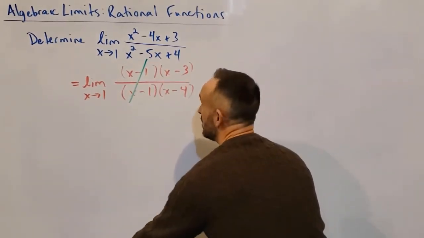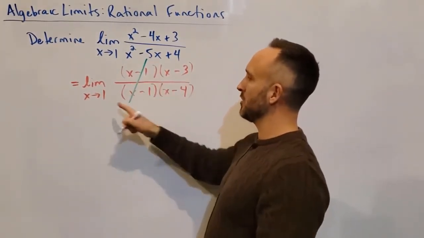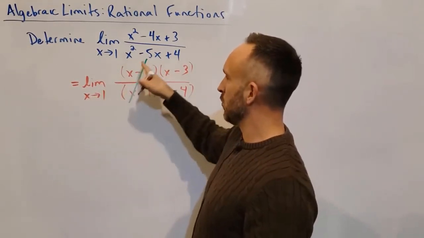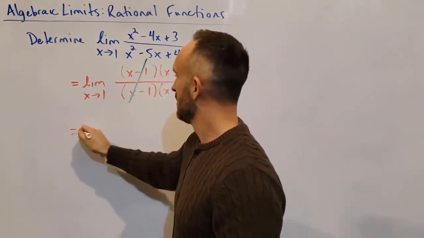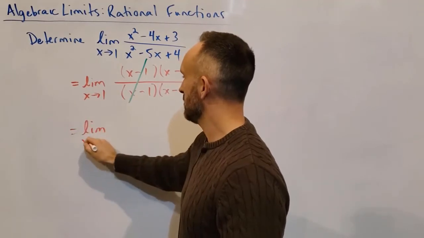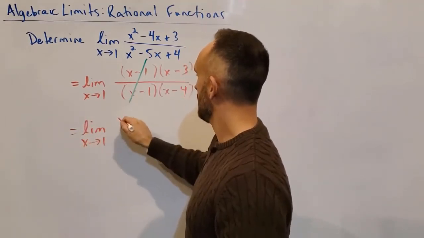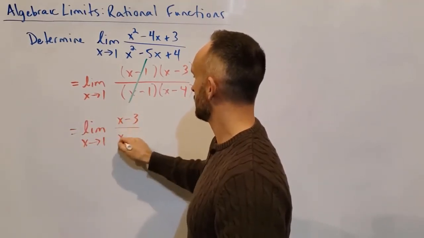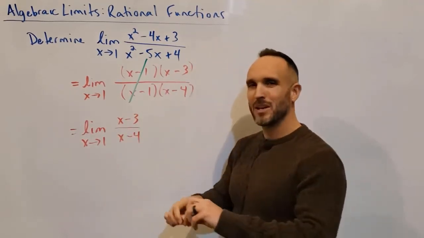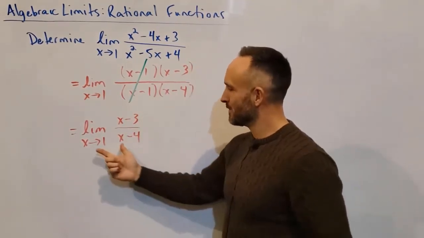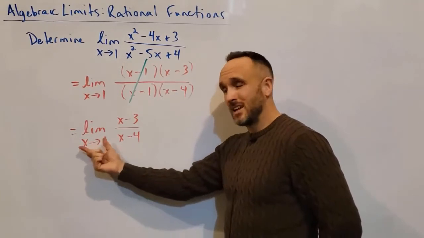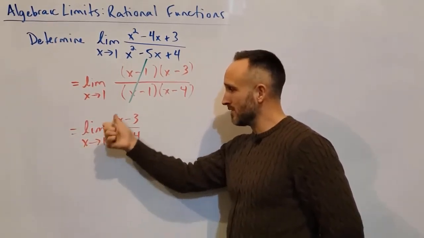And so now, through this algebraic manipulation, I know that as long as x doesn't equal 1, I can cancel those. So this is the same thing as the limit as x approaches 1 of x minus 3 over x minus 4. And so now we reevaluate and we say, okay, now can I plug in? Can I use direct substitution to plug 1 in for my x's?